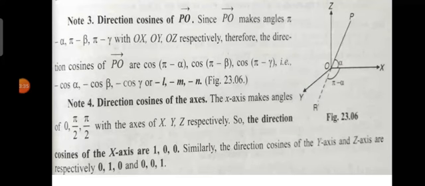And next, note the direction cosines of the opposite line, PO.